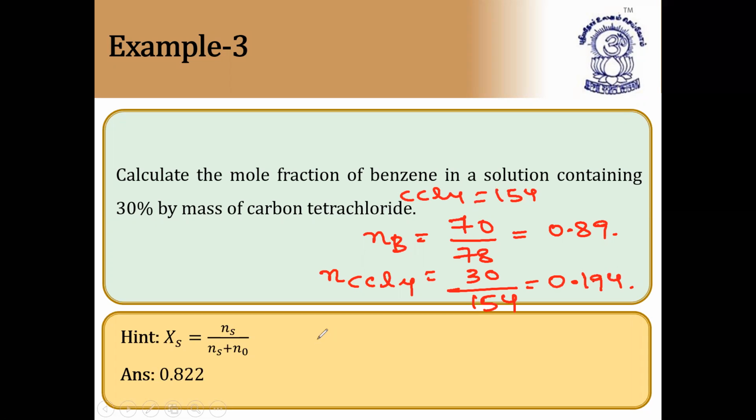So 0.19 you can take directly, just 2 decimals nearby. Now you can apply the formula. So mole fraction of benzene is N of B, here I am writing mole fraction of benzene, that is 0.89.